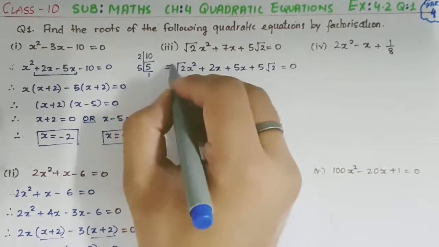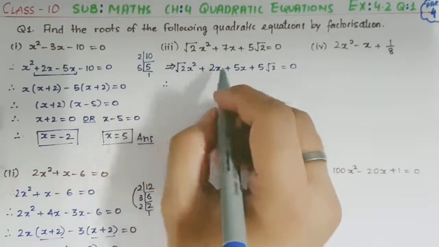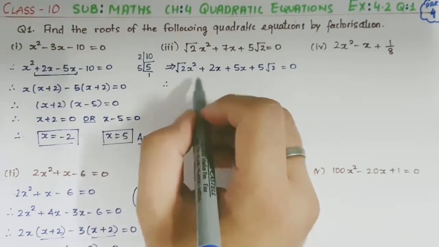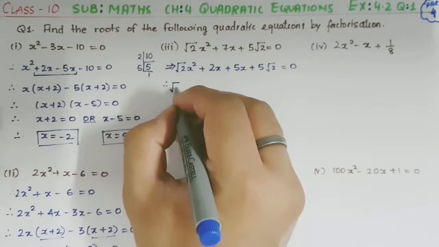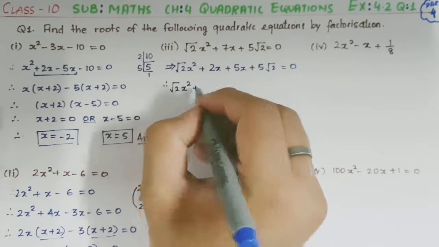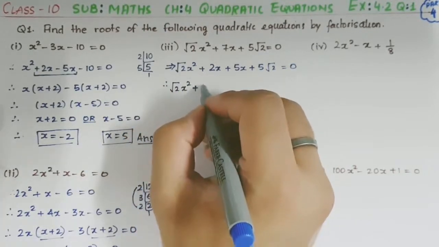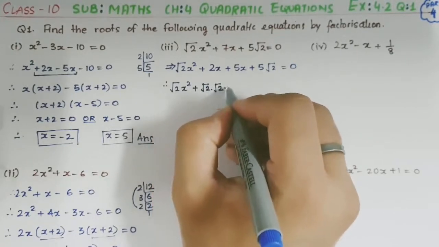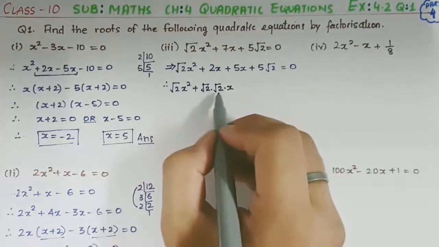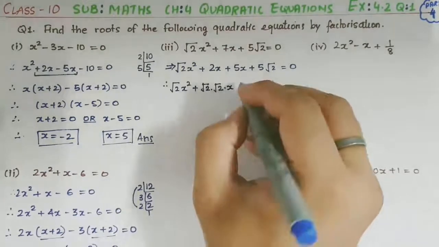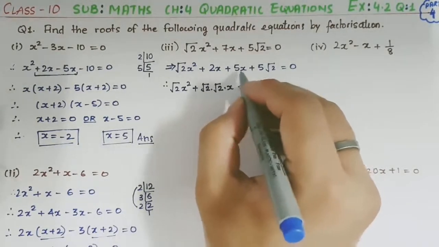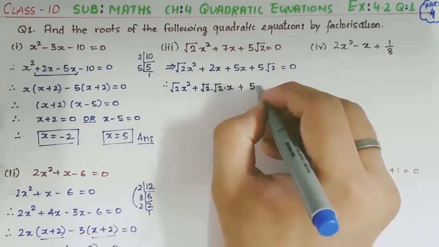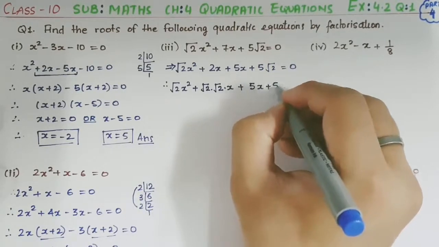Okay, therefore now as you can see over here, we have 2 and we have root 2, so this 2 can be written as, pay attention, this root 2 I am writing as root 2 into root 2 then x, because we know root 2 into root 2 will be 2. Okay, similarly we don't need any roots here because 5 and 5 I can see common, so it can be taken out as common in the next step.